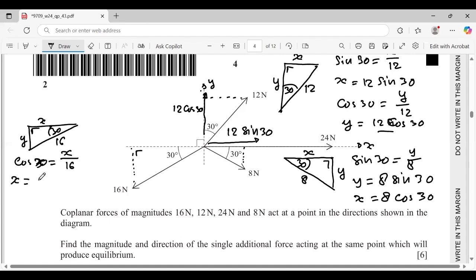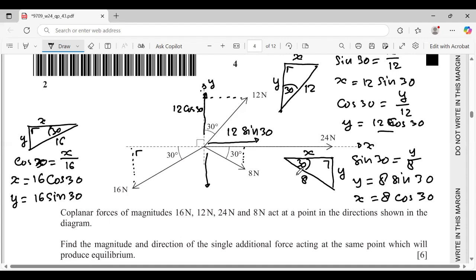So x equals 16 cosine 30. With the same process as before, we can state that y equals 16 sine 30.